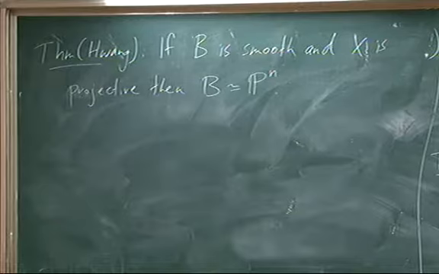And also X in general is not projective, but if you study the moduli space of deformations of X as a complex manifold, the projective ones are dense. So you can always deform X slightly as a complex manifold to make it projective.